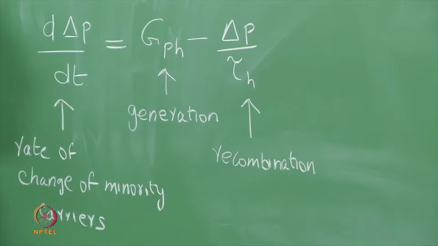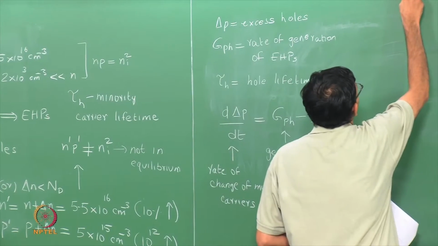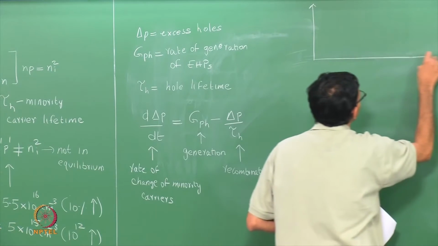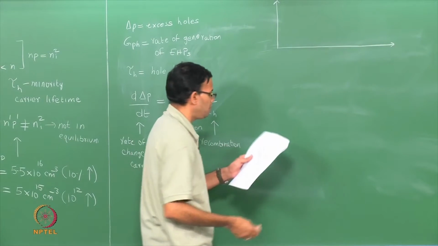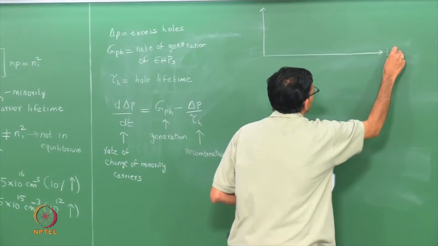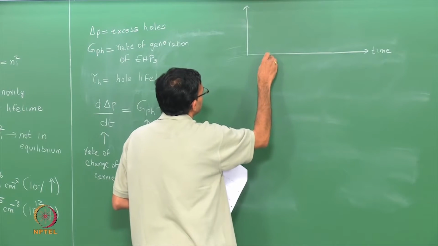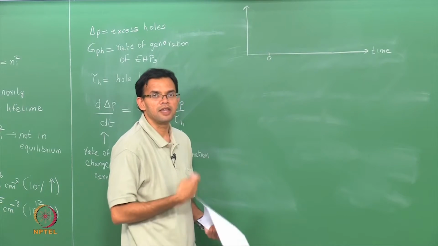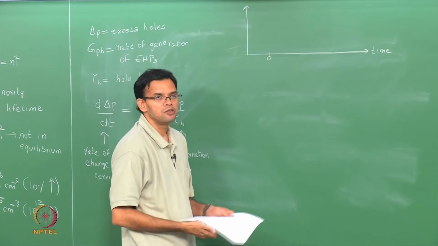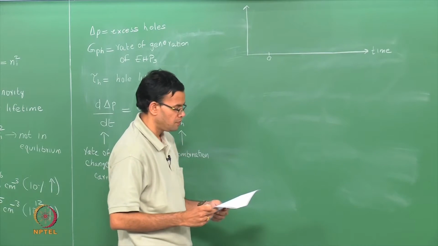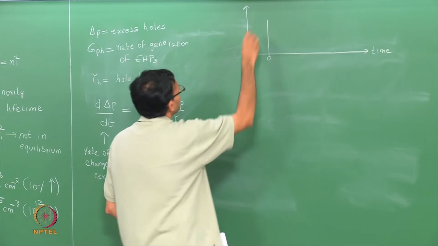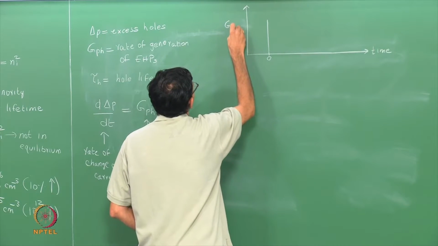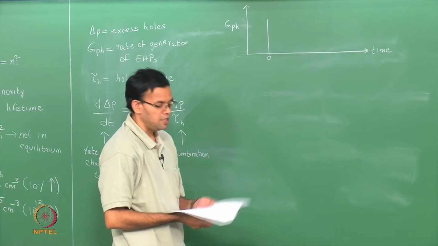So, let us consider an example in order to understand this better. Consider a case where I have an n type semiconductor in equilibrium. This is time on this axis. I am shifting the 0 slightly to the right, so that we can look at things more clearly. So, you have a system that is at equilibrium. At time equal to 0, we turn on the light, so that we have some electron hole pairs being created.